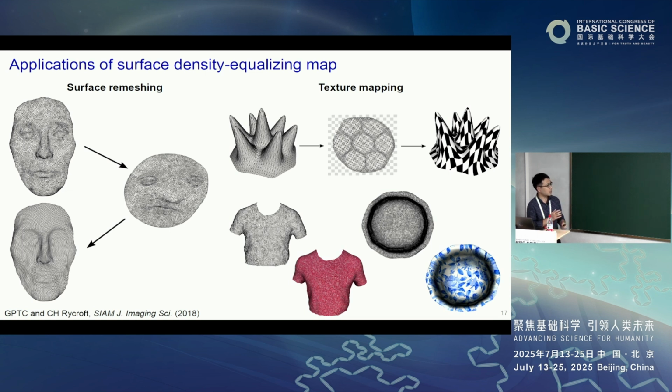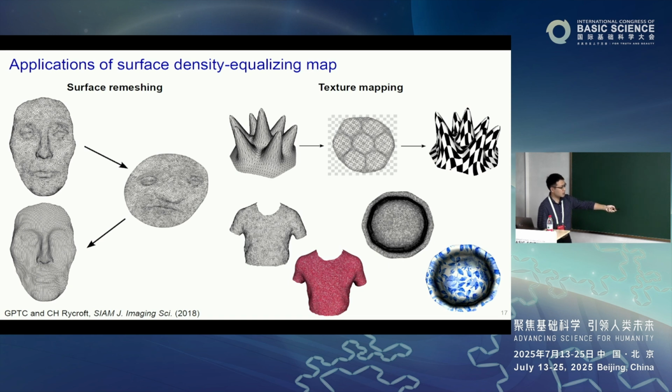So the good thing is that because of the density equalizing mapping, we can easily control the remeshing effects. For example, if you want to have denser triangulation in certain parts, when you compute the density equalizing map from here to here, you can just set the expansion of that part to be larger. So let's say you want to have more triangles in the nose region, then you can just apply a density equalizing map with the nose expanded.